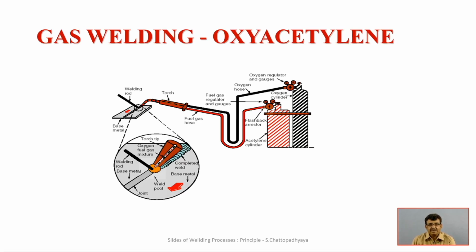Oxygen is represented by green, as it is related to life, and acetylene is red. This is the torch and its representation, and a bigger view of where it is actually implemented, where the bead geometry is formed and the welding is taking place.